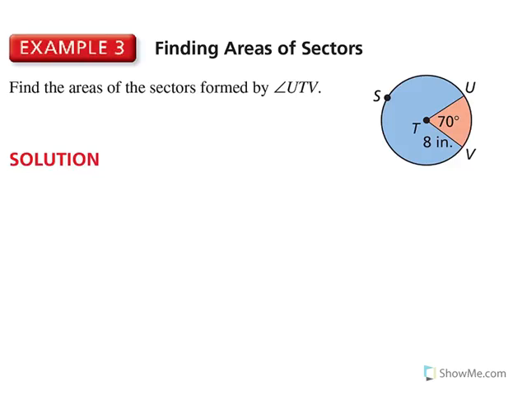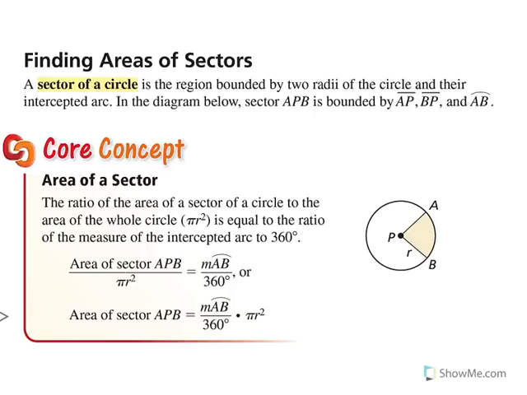Alright, in the next example, we're going to need to look at the area of a sector. A sector of a circle is a region bounded by two radii and the intercepted arc. We've been talking about arcs, but now we're going to talk about a piece of that circle.